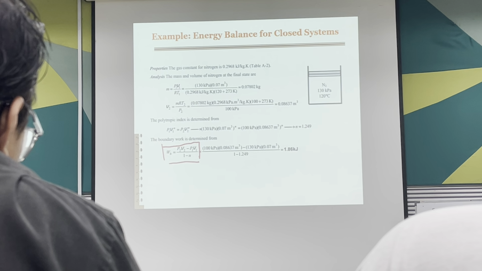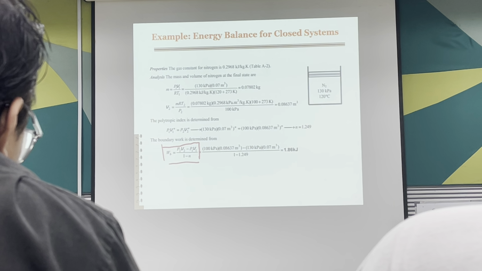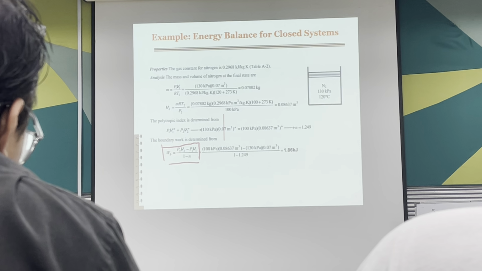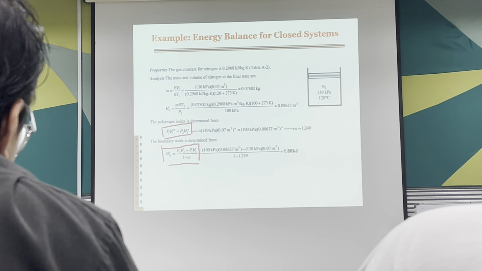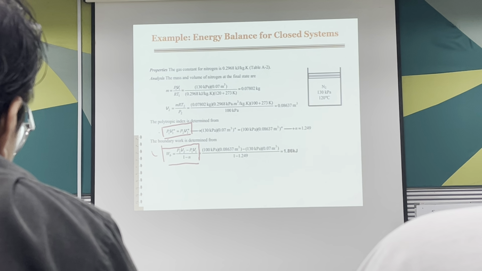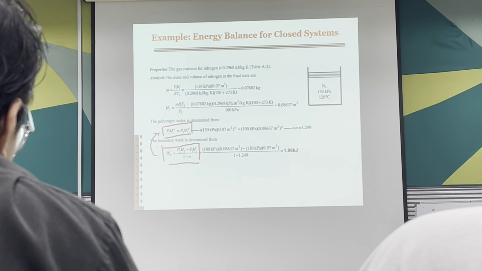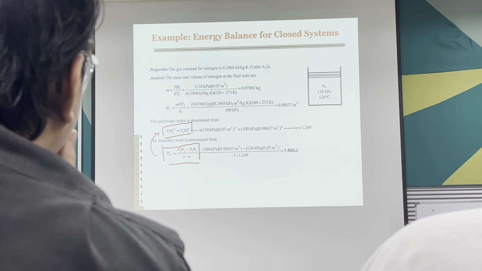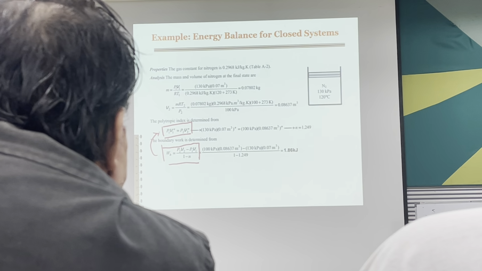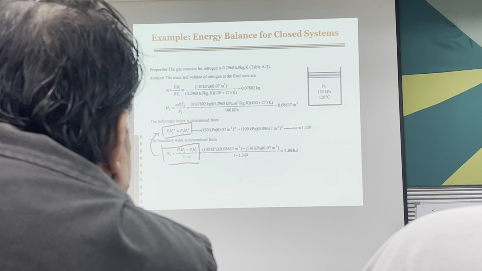When you see this equation, one thing you need to bear in mind is this, because this equation is actually derived from this relation. Back then when we did the derivation, it comes from that relation. The normal ideal gas relation will be PV equals to PV. But in this case, it's PV^n, because we need the n to differentiate the type of gas.